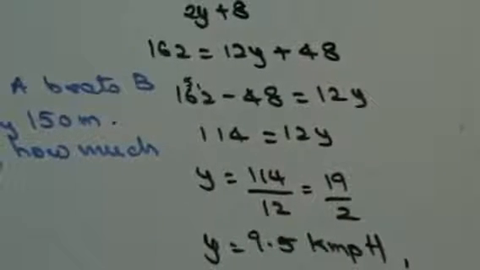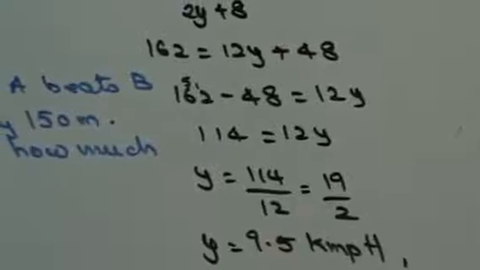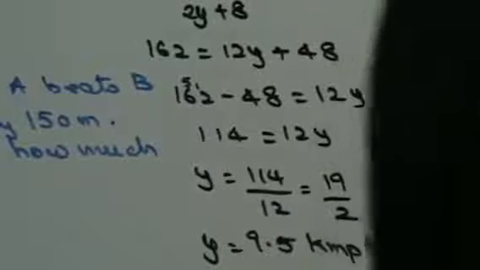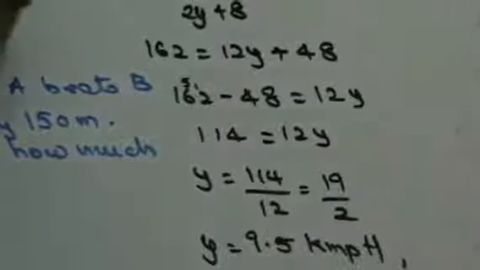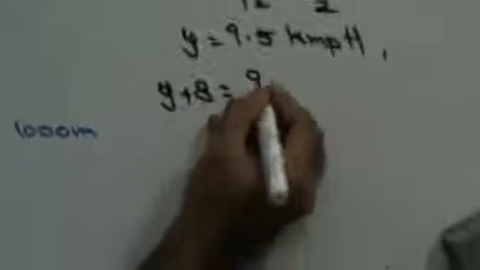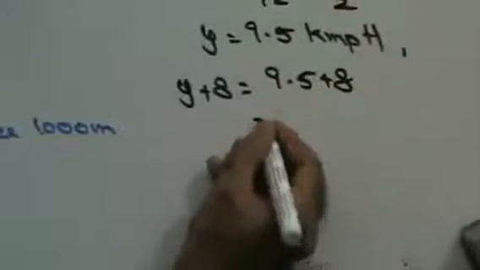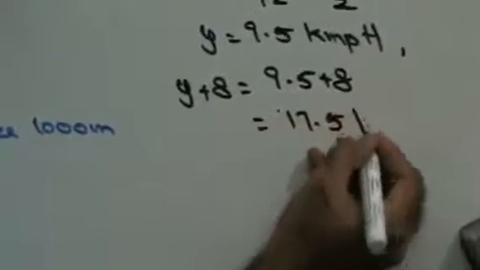So the speed of train Q is 9.5 kilometers per hour. If this is the speed of train Q, then y plus 8 will be 9.5 plus 8, 17.5 kilometers per hour.